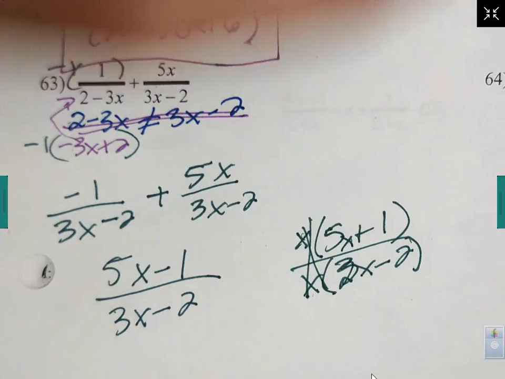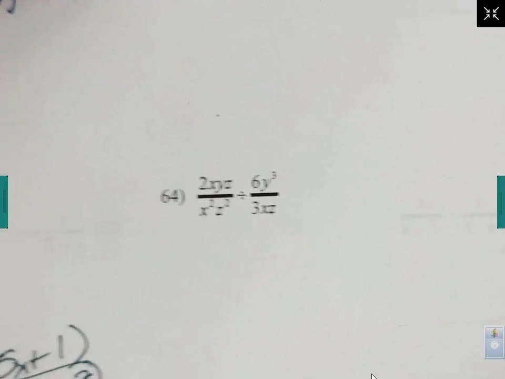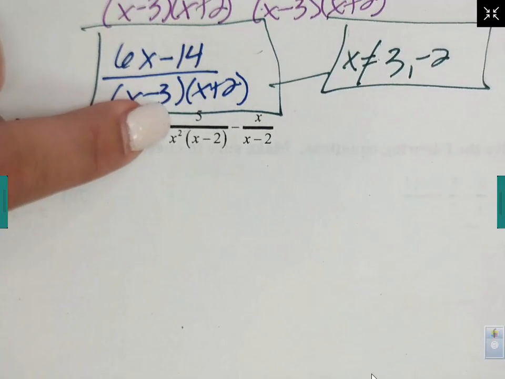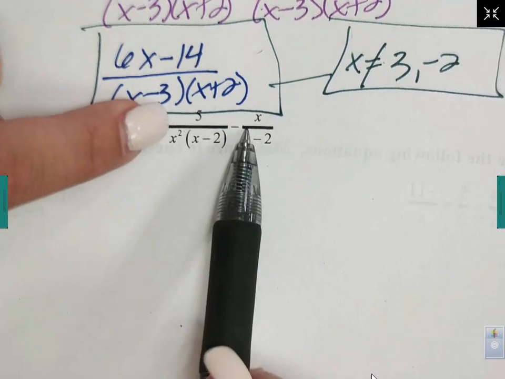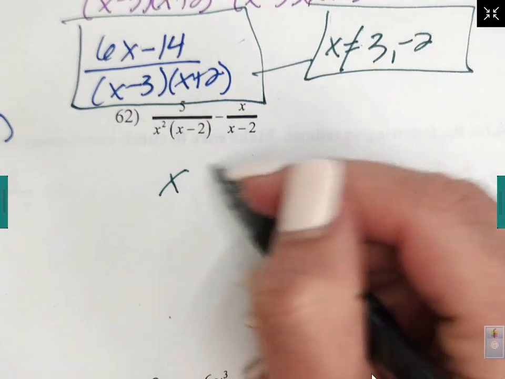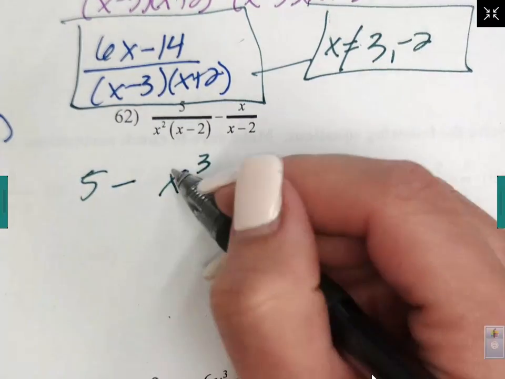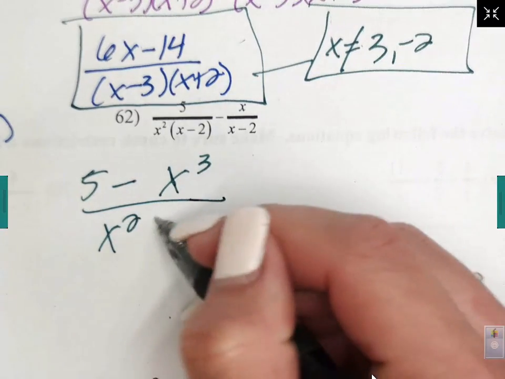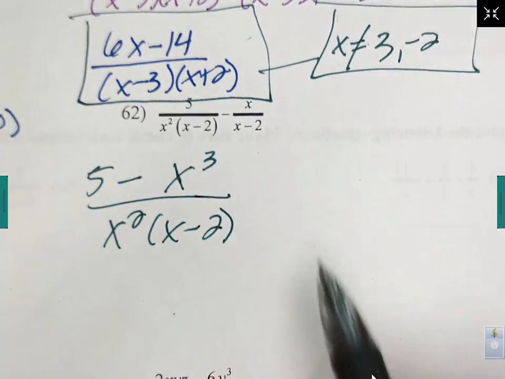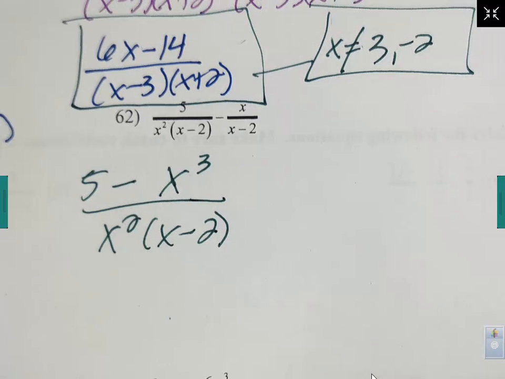I understand what you're saying because in the denominator, the x squared is outside, so it's being multiplied, but up here, it's just the x cubed. When we get our answer here, we end up getting x cubed times 5 minus x cubed, and that's over x squared times x minus 2. And he was saying, can we simplify? Do y'all see that? Yes? Okay. Any other questions here?